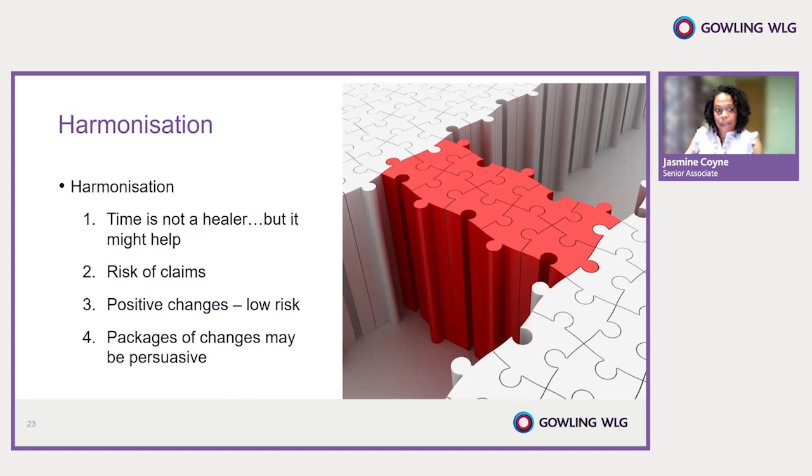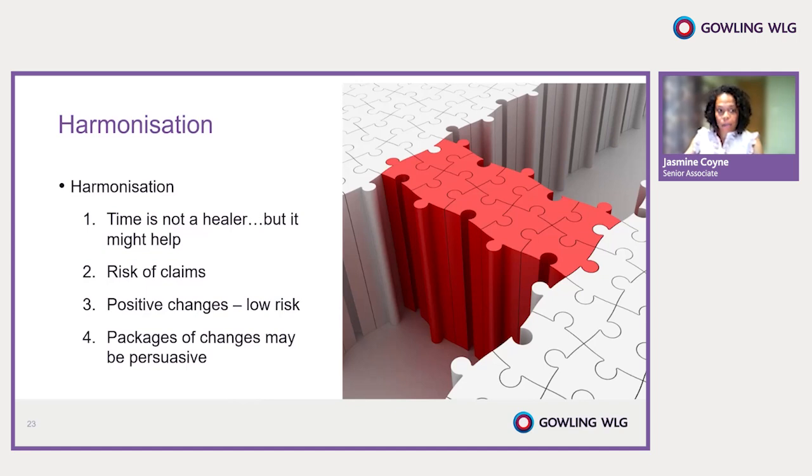For example, giving the employee something good like a salary increase in exchange for losing something or making their terms worse. You should be aware that even if you're giving a package of good and bad changes, this could still carry risks of complaints and claims. But you might be able to get those employees on board with the negative changes by making it clear that by challenging any negative changes later on, this would revoke the employee's right to positive changes. So that might reduce the risk of claims and complaints.